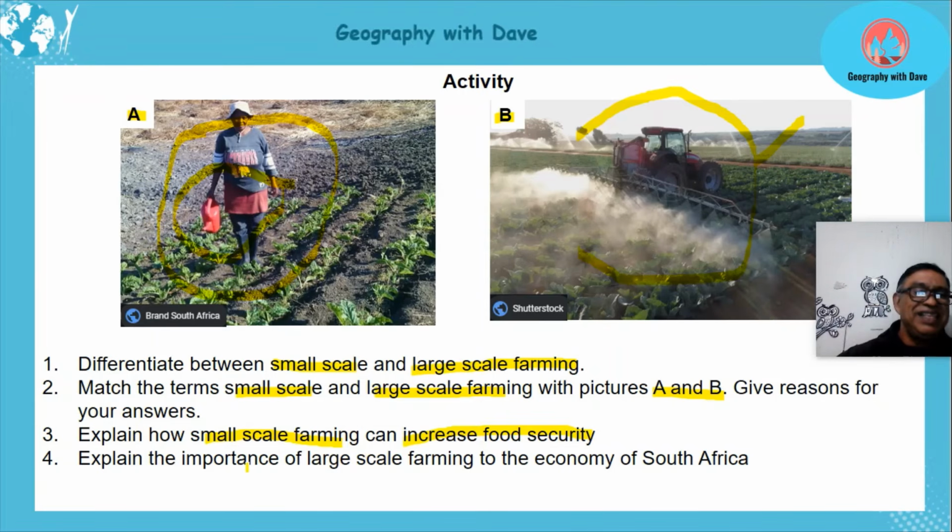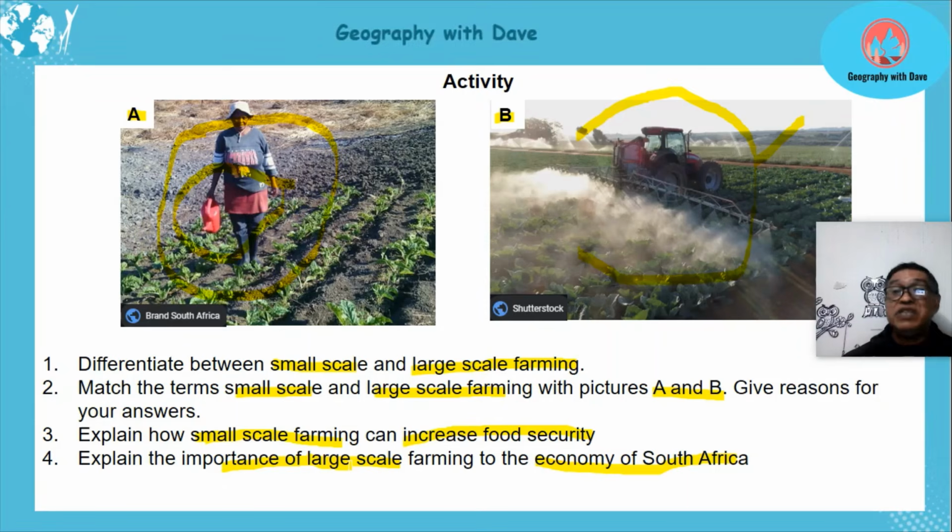And the importance of large scale farming to the economy. Just watch, learners, to know which one is small scale and which is large scale. And again, can you see all those factors that we discussed just now? It contributes to the GDP, because it sells and produces so much.